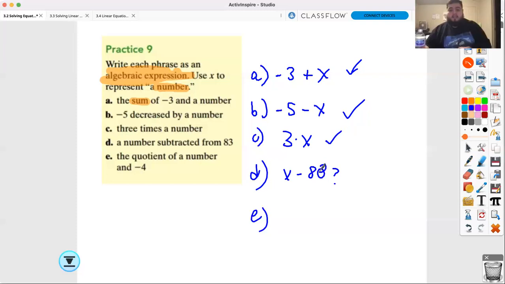So is it x minus 83? Read it again. A number subtracted from 83. 83 minus x. There you go. It's the vocabulary class. 83 minus x. That is correct. And the last one, guys, how would that fraction look?